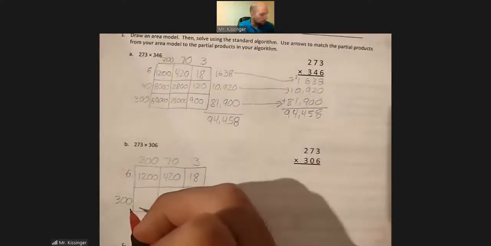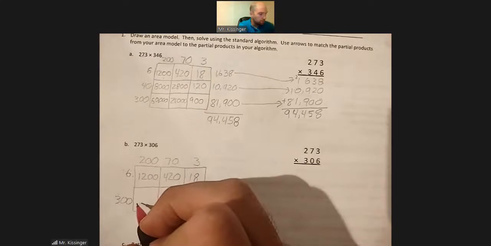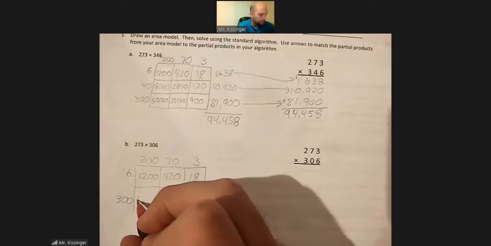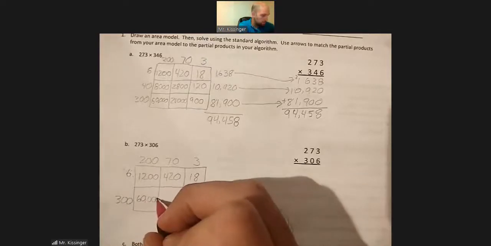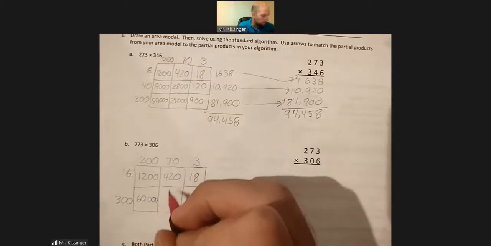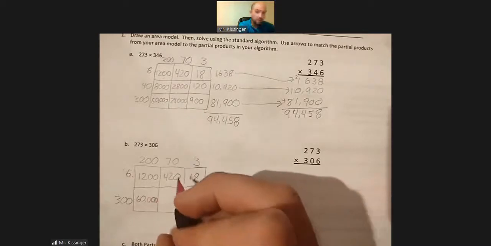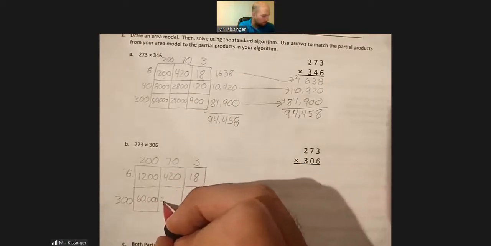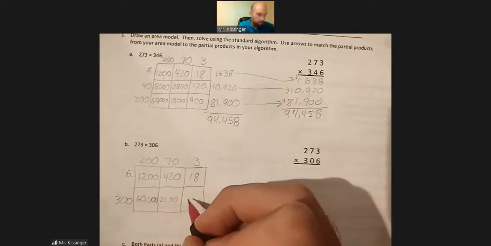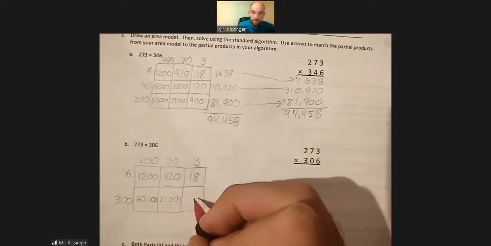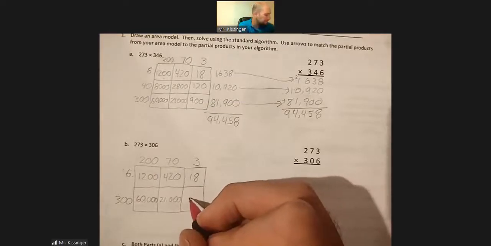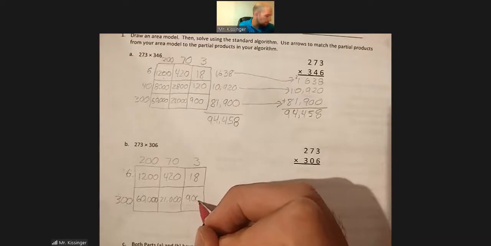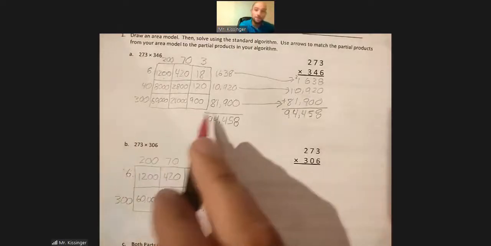So our top row is the same as it was in letter A. Down here we have 300 times 200, which gives us 60,000. We have 300 times 70, which gives us 21,000. And then we have 300 times 3, that gives us 900, which is the same as our bottom row.